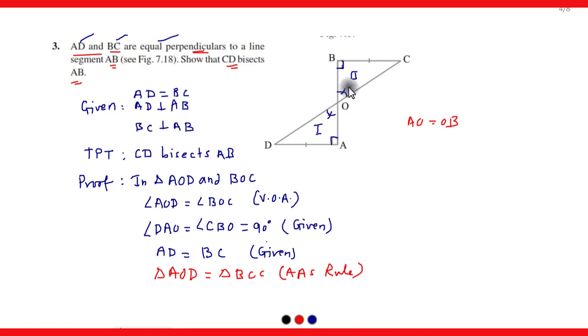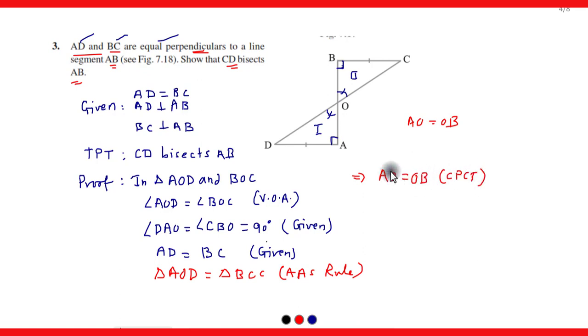And since these two triangles are congruent, their corresponding parts are also equal, and therefore AO is equal to OB. The reason is corresponding parts of congruent triangles.